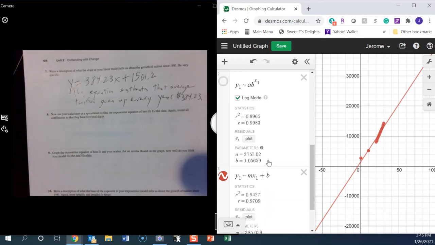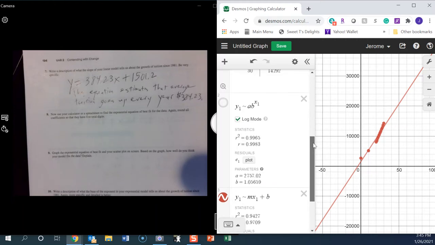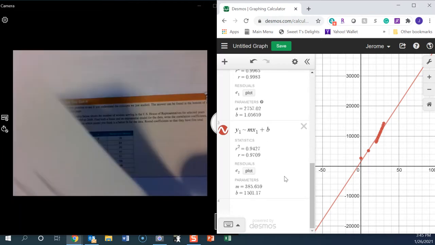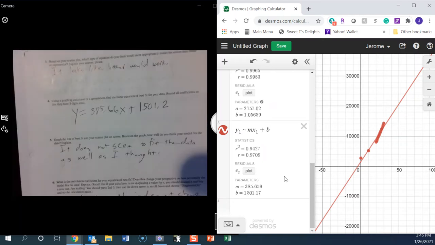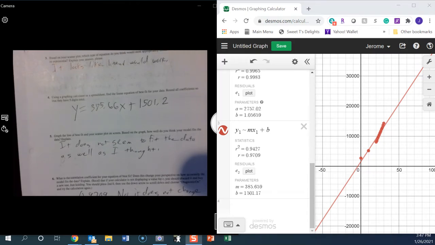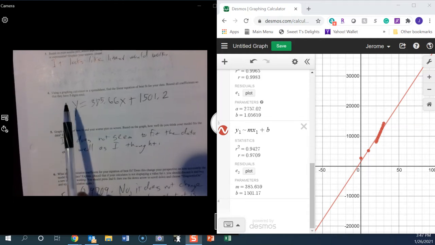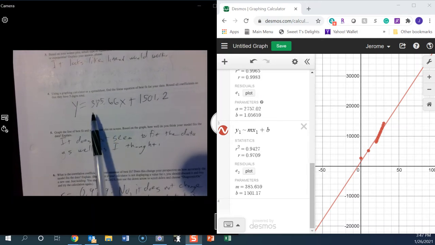Okay, someone said they don't see how I got the 384.23. So let me go back down here. When we did the linear model, we needed to go back to the previous page for problem number, I believe it was problem number 4.